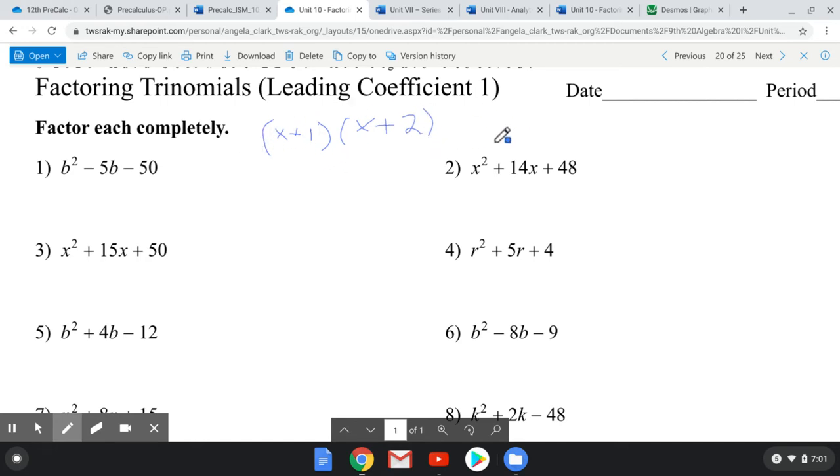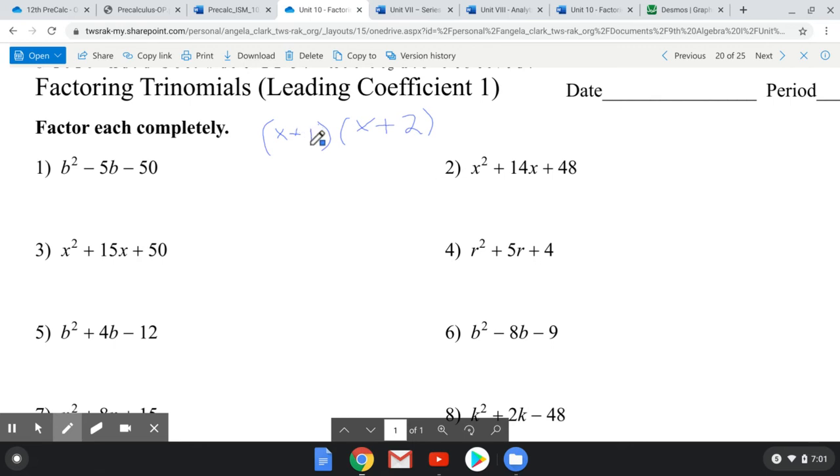Again, this is not an answer to any one of these. I just made up these numbers. But this is the format that our answer is going to be in. So with that in mind, let's go ahead and start doing that. So when we multiplied these out, our first term was, we multiplied the first terms together. So in this case, that would be x squared.